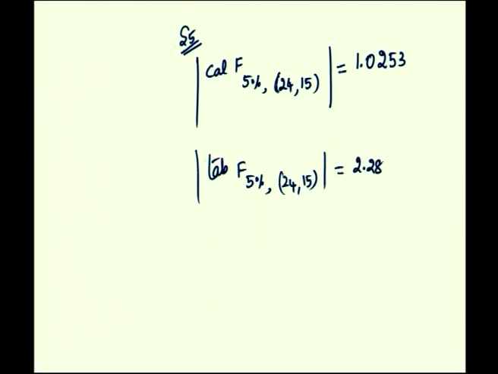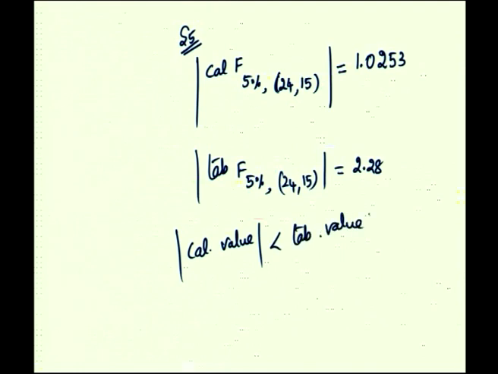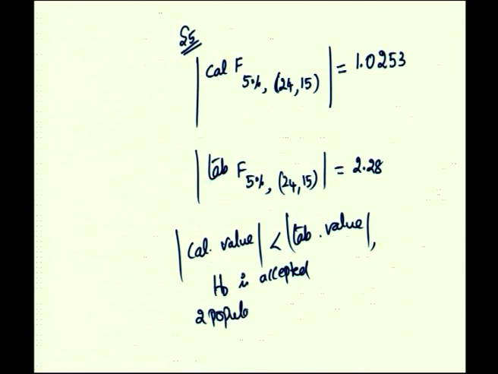Now, comparing the calculated value and tabulated value, 1.0253 is lesser than 2.28, therefore, H naught is accepted. So, we write calculated value modulus is less than tabulated value, therefore, H naught is accepted, which means two population variances, that is variance of first population and variance of second population, are equal.